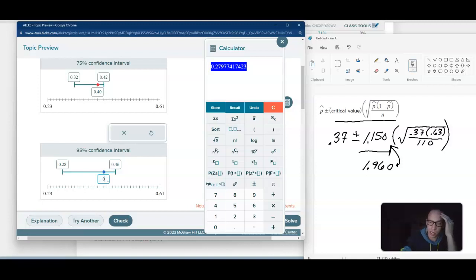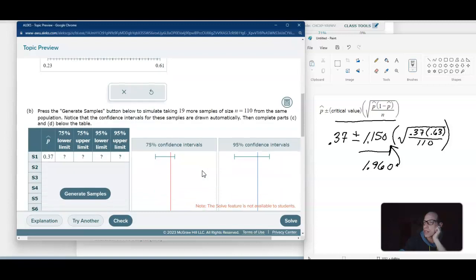Okay, and then the mean doesn't change. I will point out, if you look at these two intervals, the 95% is much wider and it contains the 75%, and that's always going to be the case. For a given sample, now it changes sample to sample, but for a given sample, the higher percent confidence intervals will always contain the lower percent confidence intervals.